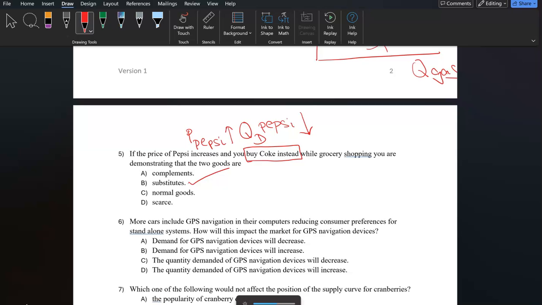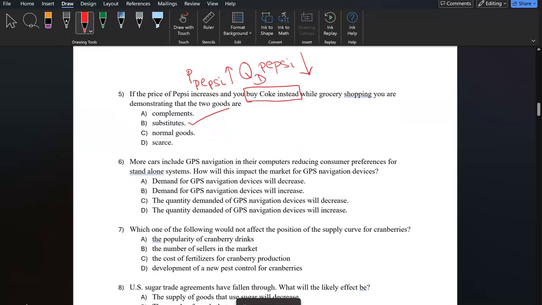Going to the next question, question 6. It says more cars include GPS navigation in their computers, reducing consumer preferences for standalone systems. How will this affect the market for GPS navigation devices? Remember, we do not have the word price anywhere in this question, so my answer choices will not include the words quantity demanded.